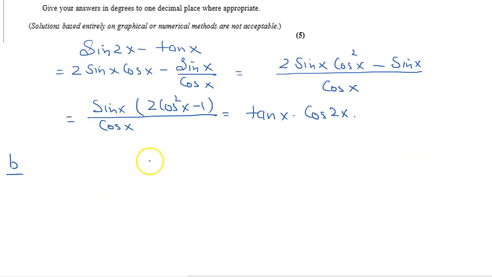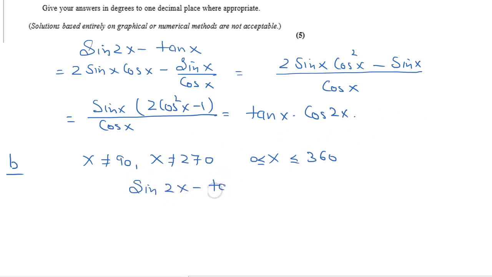Given that x is not equal to 90 and x is not equal to 270, solve for x from 0 to 360: sin 2x minus tan x is equal to 3 tan x sin x.